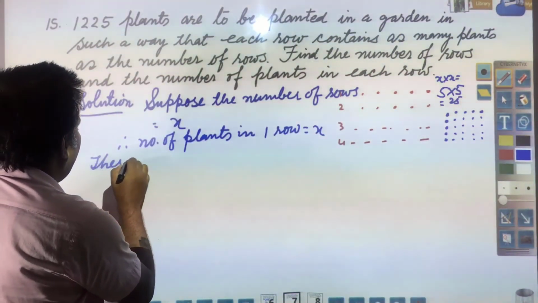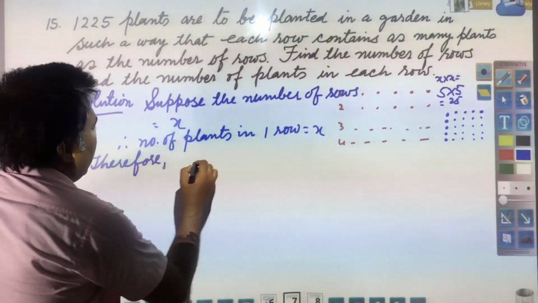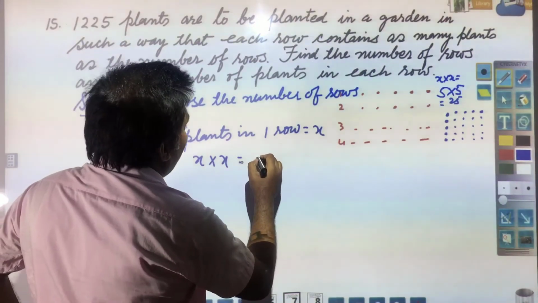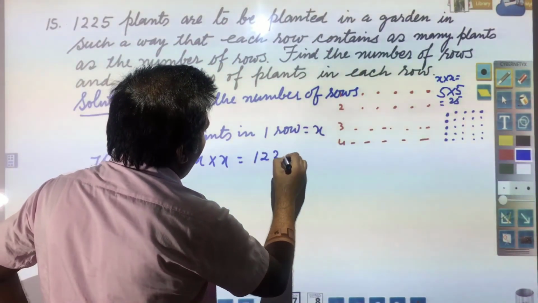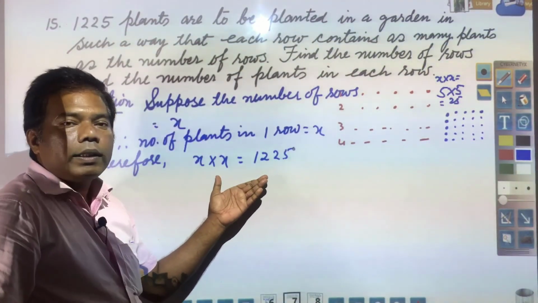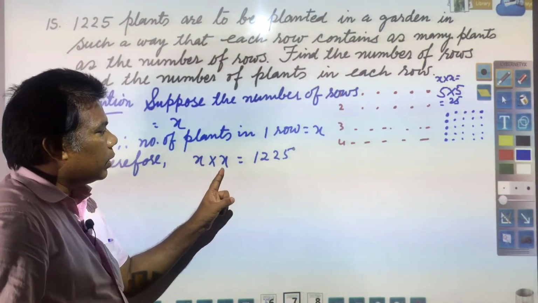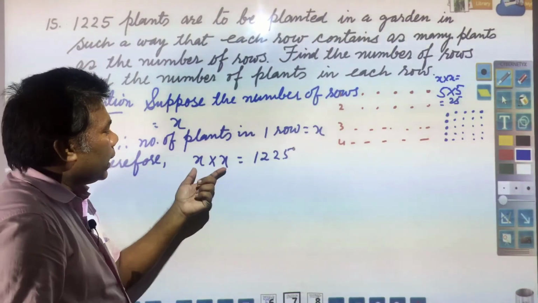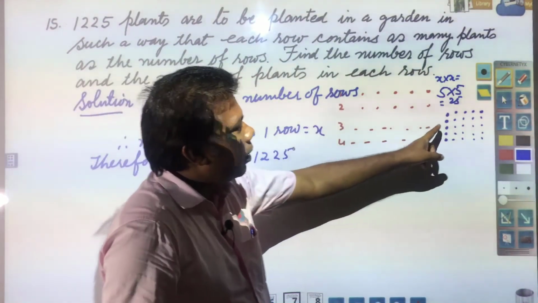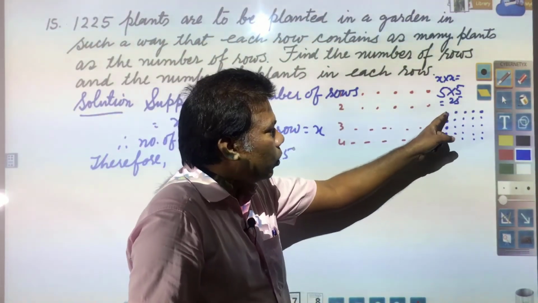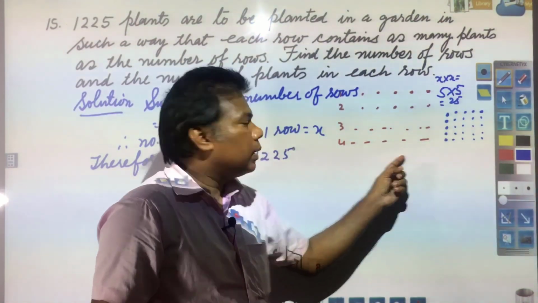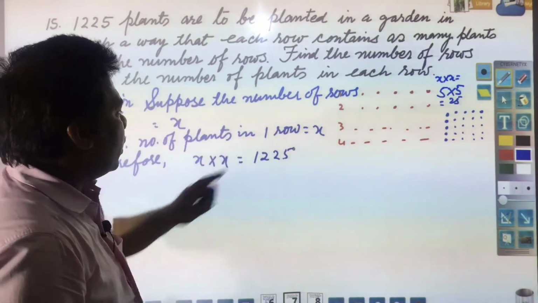Therefore, x into x will be equal to the number of plants, meaning 1225. You must understand why we have written x into x and from where we have written 1225, because x into x is the number of plants in one row into the number of rows, that will give the total number of plants, and that has been given.